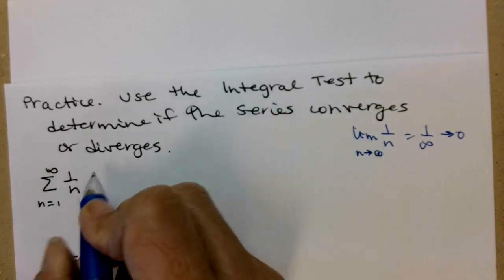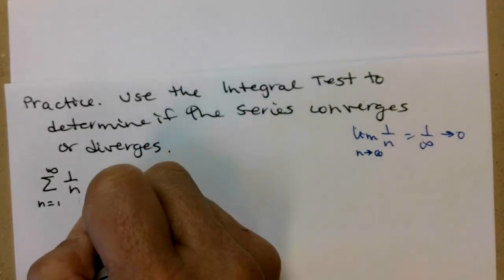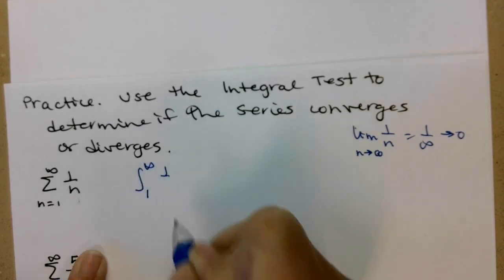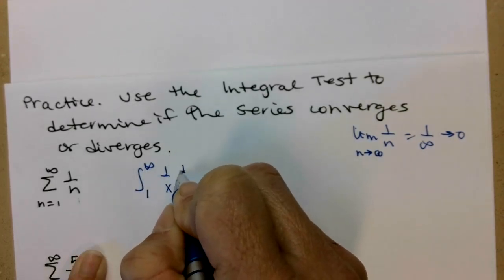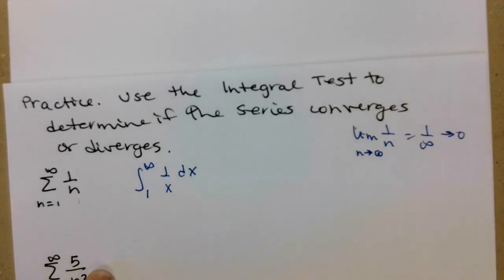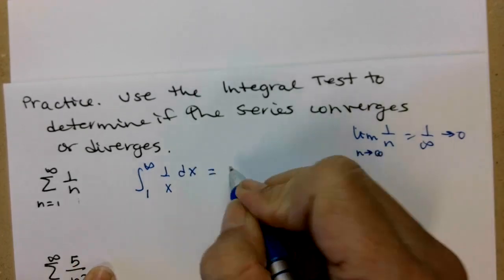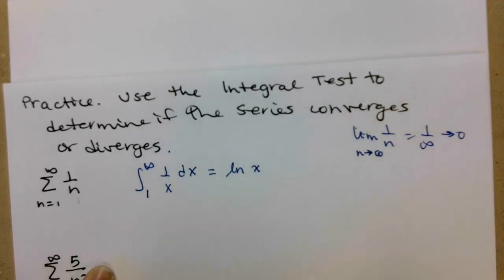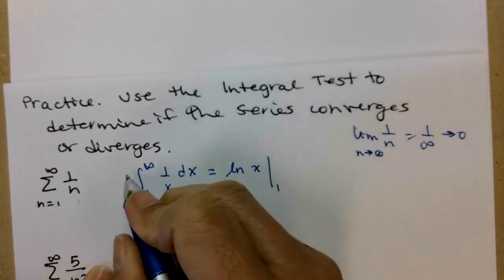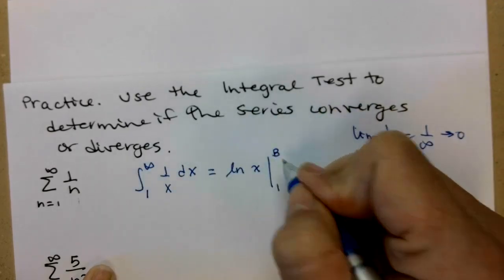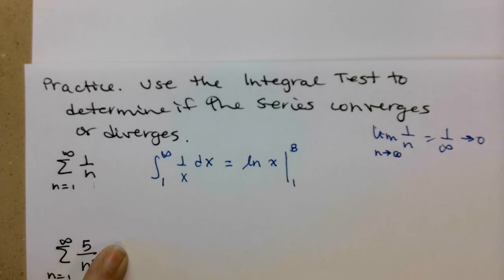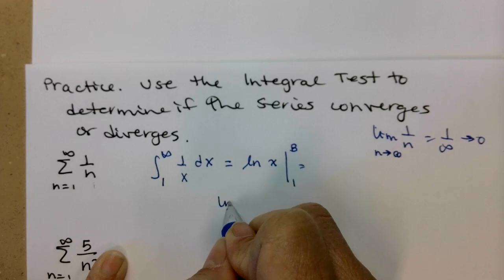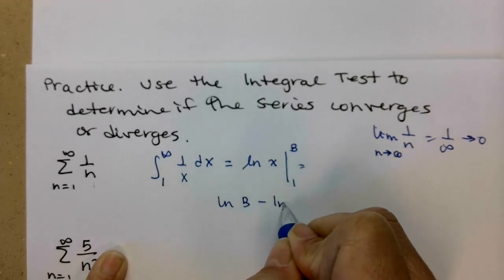So 1 over n. We'll go ahead and try the integral test. We're going to integrate from 1 to infinity, 1 over x dx. We're going to look at the corresponding function. That antiderivative is natural log of x. I don't need my absolute values because everybody's positive. And we're going from 1 to infinity, so we're going to do our b and then take the limit. Now I have the natural log of b minus the natural log of 1.